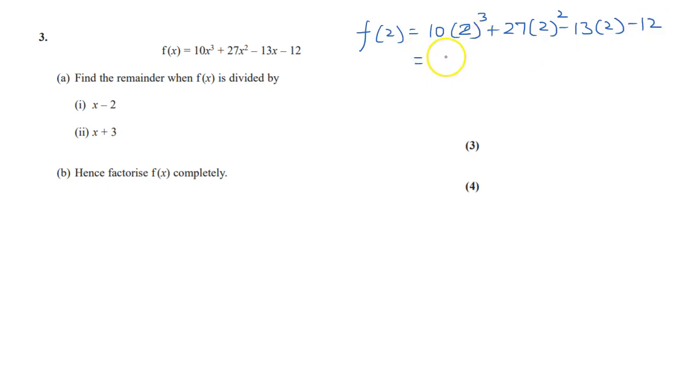So this is equal to 80 plus 27 times 4, that is 108, minus 26 minus 12. So that is equal to, is it 150?